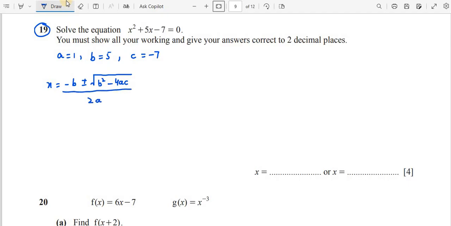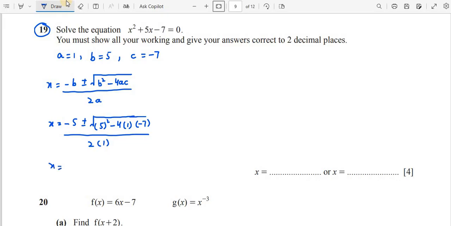This is the quadratic formula. Putting in the values of a, b and c: x is equal to minus 5 plus or minus the square root of 5 squared minus 4 times 1 times minus 7, divided by 2 times 1.